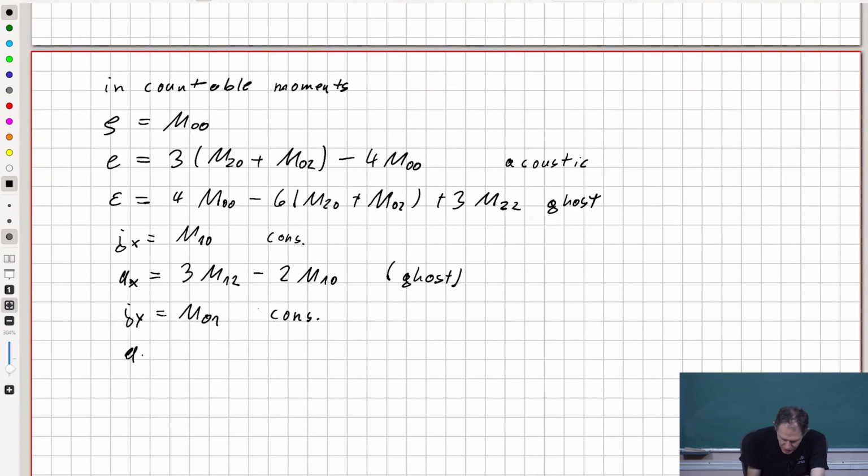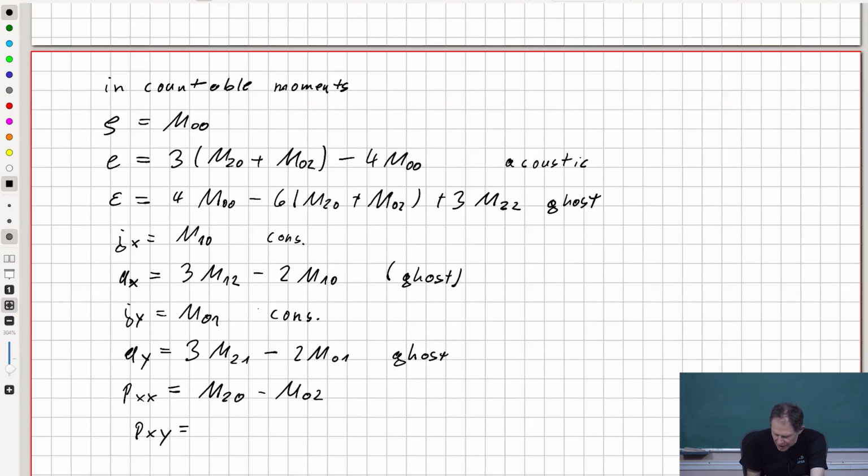Then there is Qy, which of course looks the same as the above, M21 minus 2M01, a ghost. And then we have these things that are the non-conserved hydrodynamic moments, Px, Pxx and Pxy. These are the hydrodynamics.